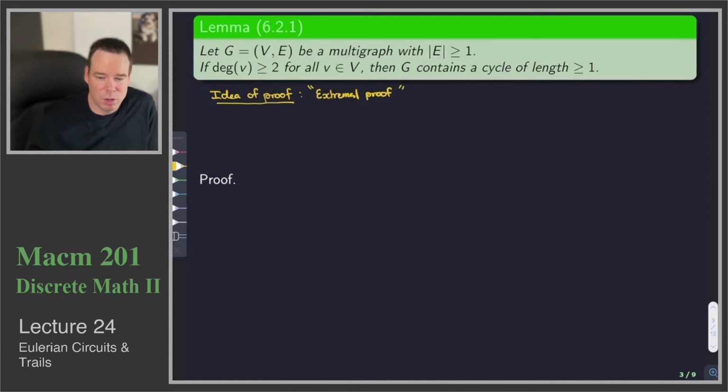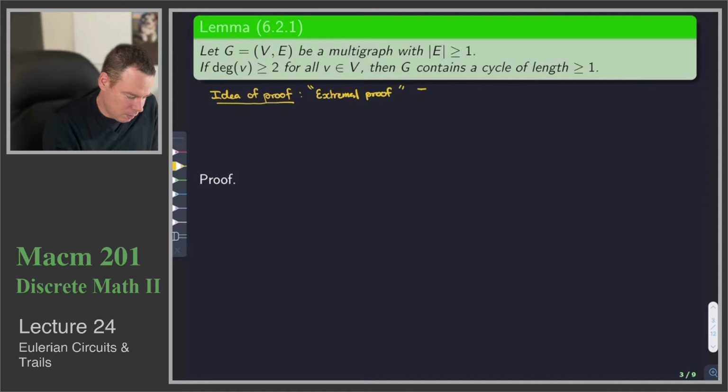So in this case, I'm trying to show that the graph contains a cycle. Now, because I know there's at least one edge, and every vertex has degree at least 2, I'm just going to take the longest path possible in the graph. I'm going to start at a vertex and take the longest path possible. That's this idea of an extremal proof. Get greedy, take the biggest thing possible. And then let's see what happens.